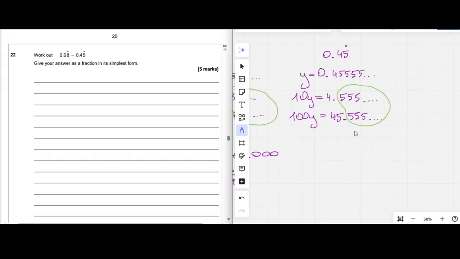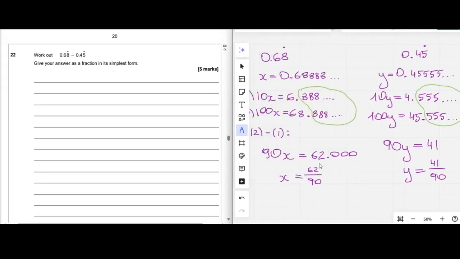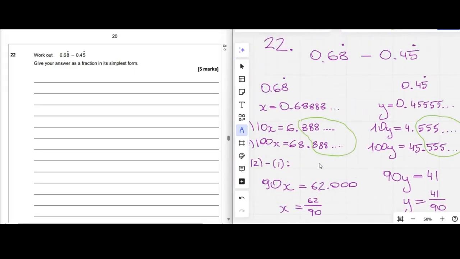And with y, it will be 90y equals 45 minus 4 is 41.0, and again, the decimal parts cancel. So y is 41 by 90. And now what we needed to do, deduction, x minus y.